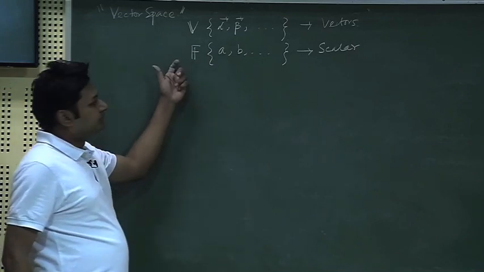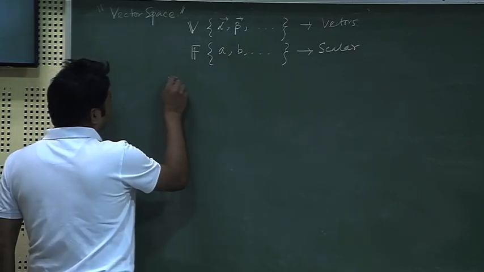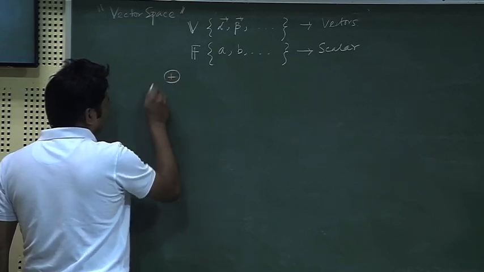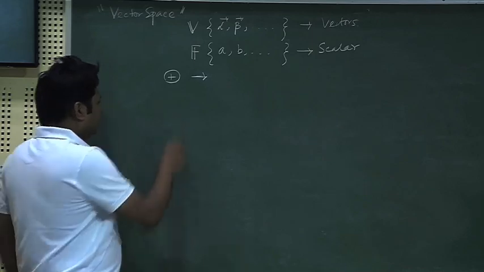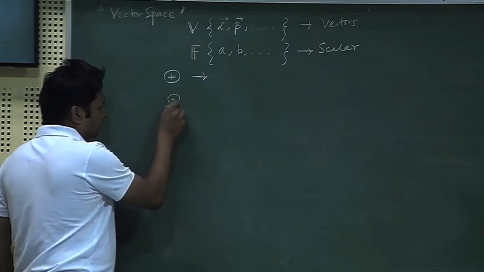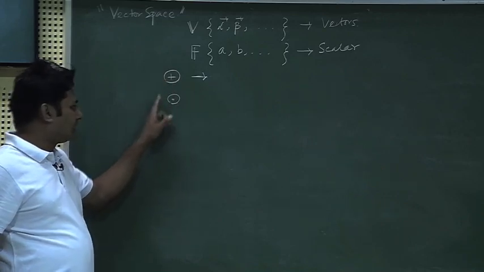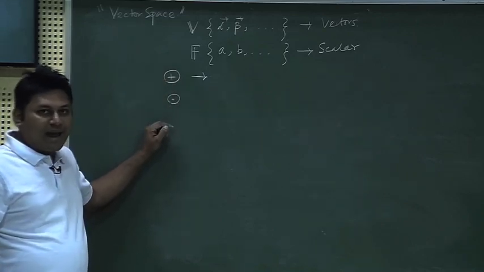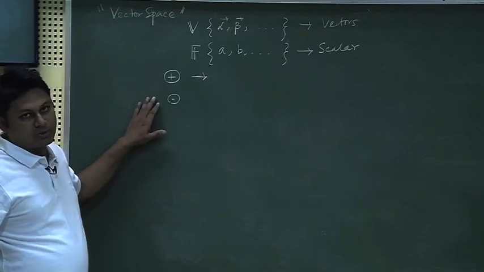After defining these two, I need to define two operations which are very important. One is plus and another is dot. I put a circle over the plus and over the dot, to distinguish the fact that this is not a normal plus operation or a normal dot operation.